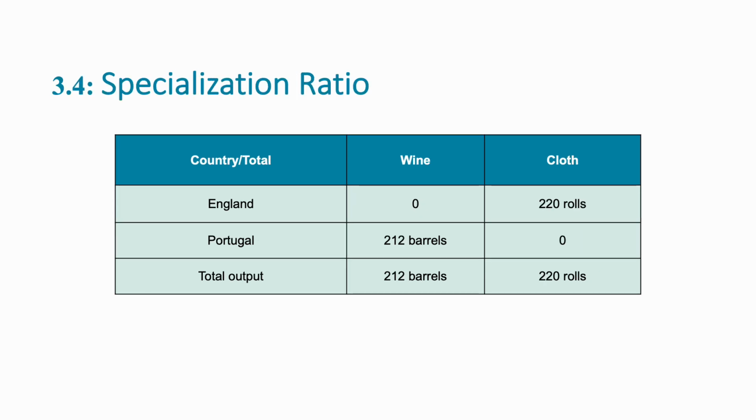In this example, we see that the comparative advantage of England over Portugal is that England can produce more effectively 220 rolls of cloth, whereas with wine, not so much. Portugal can produce 212 barrels, and so this is a better situation across the board for Portugal to handle the wine and for England to handle the cloth.